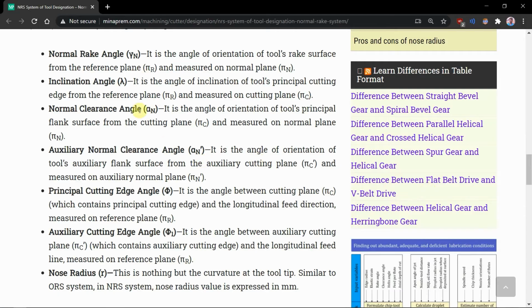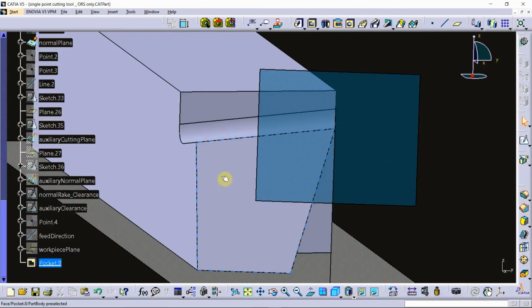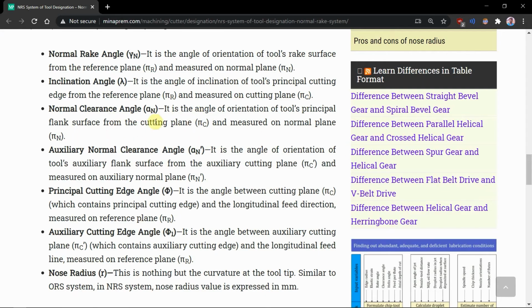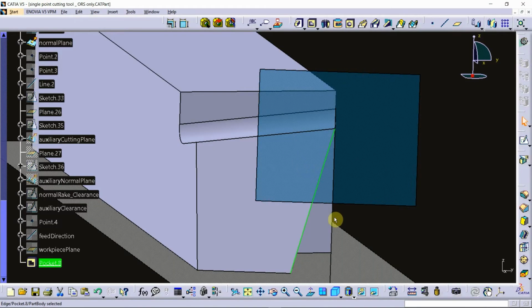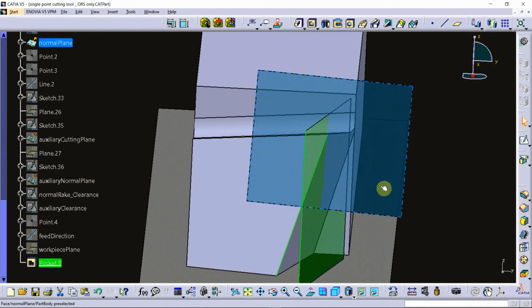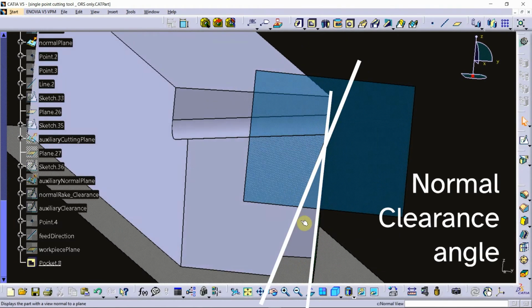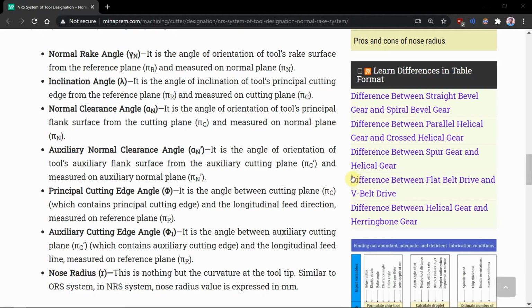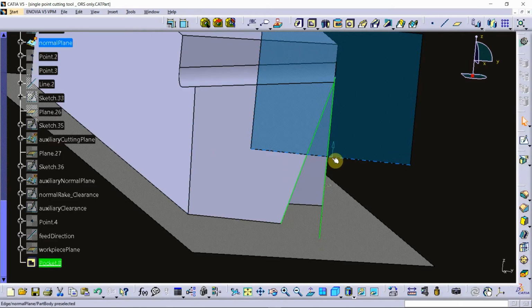Let's see the definition once again. It is the angle of orientation of the tool's principal flank surface, again, this is the principal flank surface, from the cutting plane. You can see here how it is. The angle between the principal flank surface and the cutting plane is called the normal clearance angle.